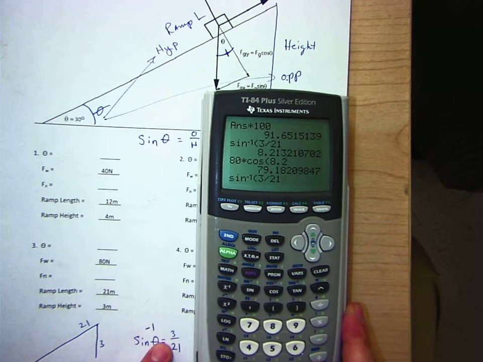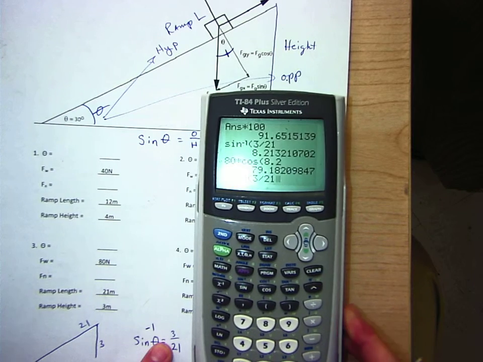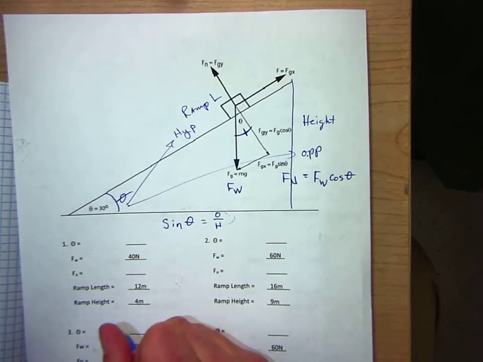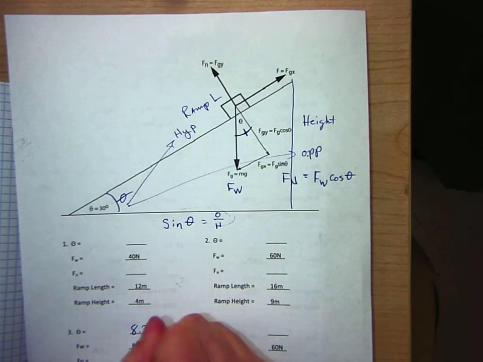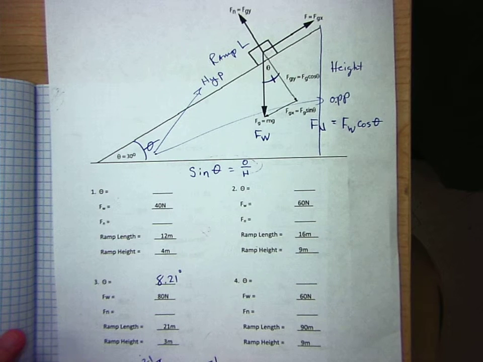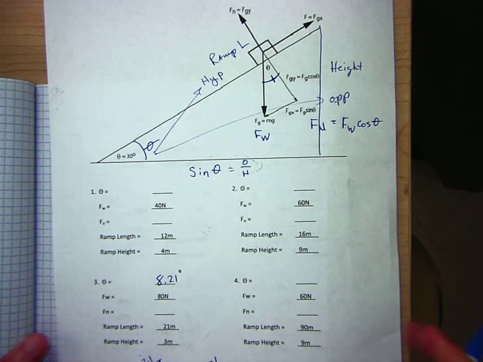It should look like that in your calculator. Enter. So I got 8.21. 8.21 is the angle of this ramp. Because of the ratio of here, it knows that it must be that angle to get that ratio. So that's half the battle.